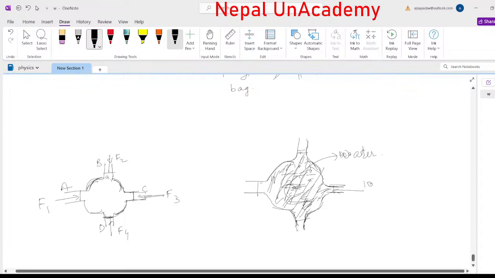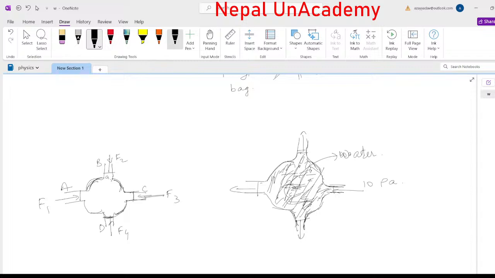We apply 10 Pascal. Then what will be the pressure here, here, and here? First of all, we will verify the Pascal law in a circular vessel which has 4 pistons.